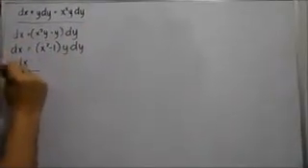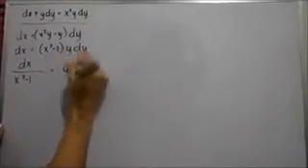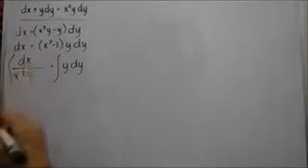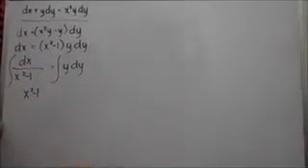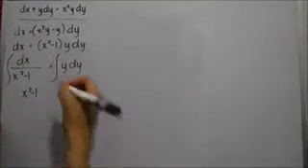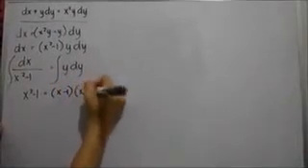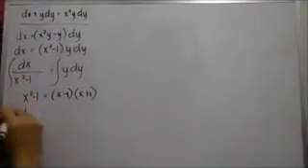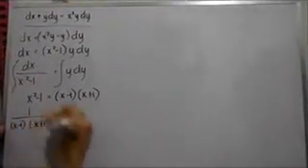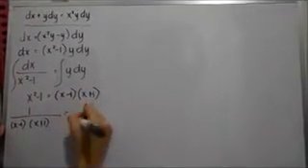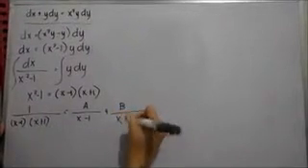dx over x squared minus 1 equals y dy, and then integrate both sides. Since x squared minus 1 cannot be directly integrated, we need to use partial fractions. x squared minus 1 is equal to x minus 1 times x plus 1. So 1 over (x minus 1)(x plus 1) is equal to a over x minus 1 plus b over x plus 1.